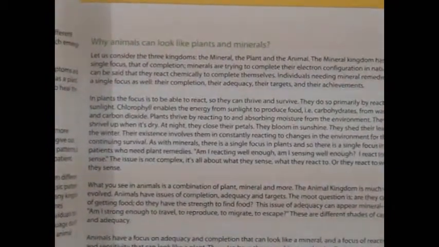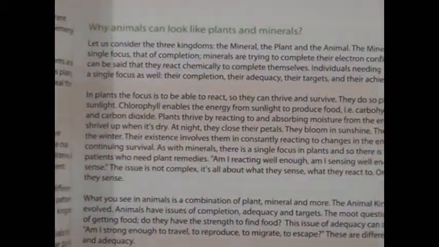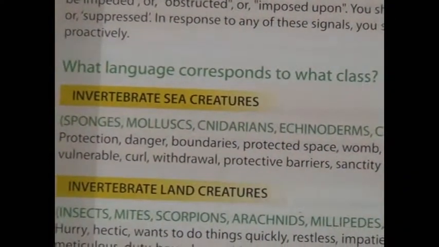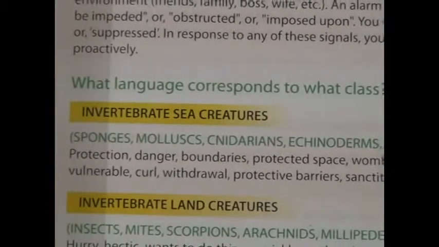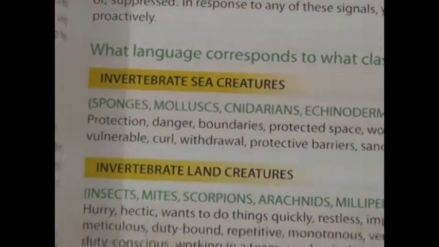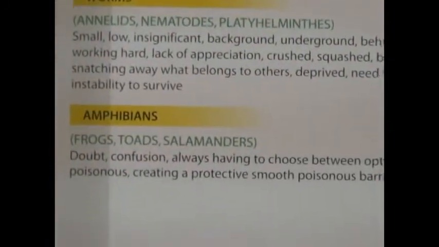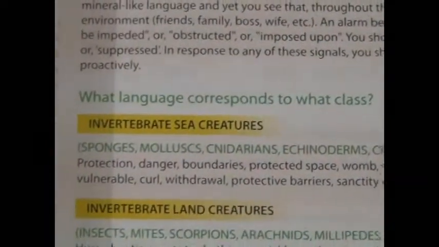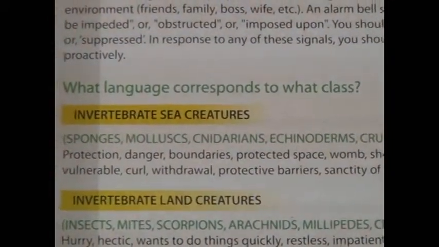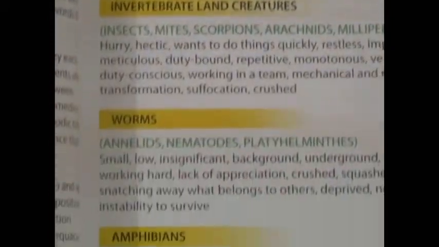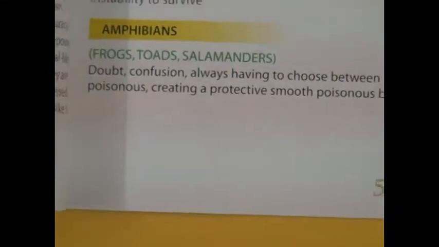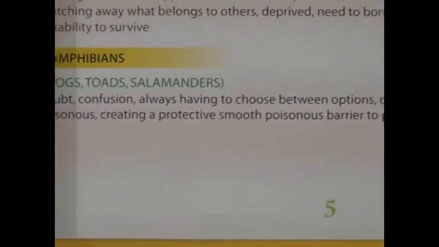And then we've in short given you what language of the human being corresponds to what animal class. As you can see, the language of sponges, mollusks, cnidarians is more about protection, danger, boundaries. The language of amphibians is more about doubt, confusion, having to choose between options, difficulties in making choices, etc.